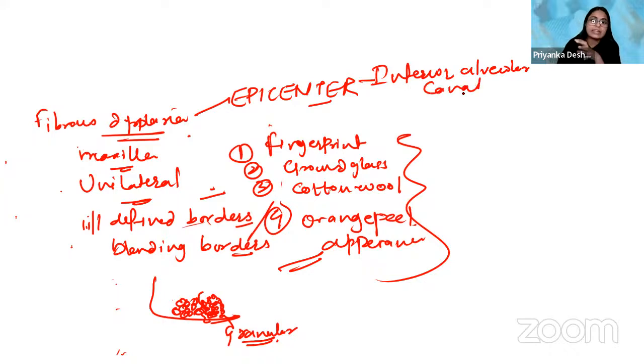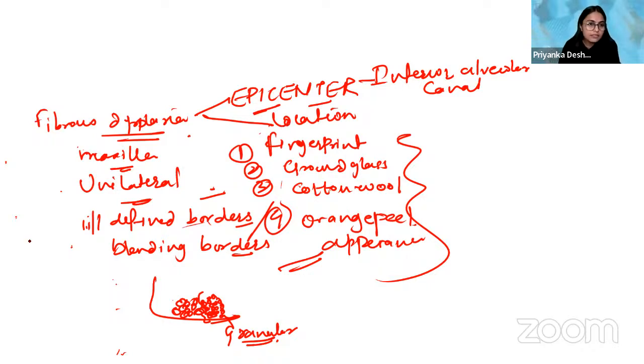That means your entity is located either above the canal or below the canal. So this depends on the epicenter of the entity. Second one, the location, of course, whether it is located in maxilla or mandible, that you will have to remember. So this fibrous dysplasia, I'm going to differentiate it from the ossifying fibroma.